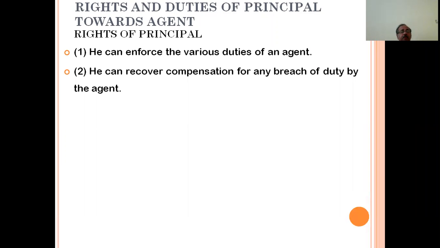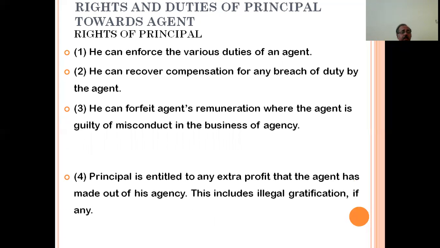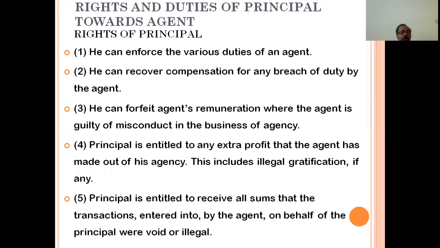First point, he can enforce the various duties of an agent. Second one, the principal can recover compensation for any breach of duty by the agent. Third one is he can forfeit the agent's remuneration where the agent is guilty of misconduct in the business of agency. Fourth one, the principal is entitled to any extra profit that the agent has made out of his agency.